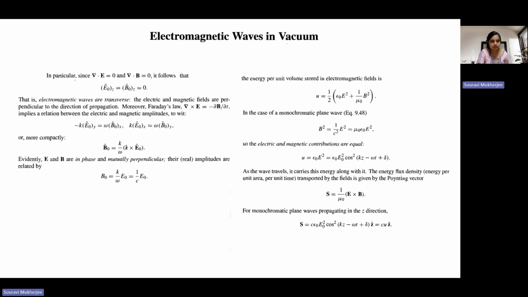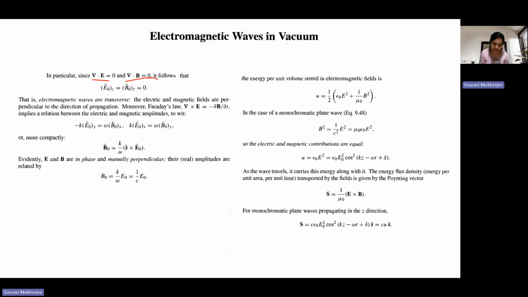So now if we again look back at what this is telling you. Divergence of E goes to 0, divergence of B goes to 0. This is telling us something about the propagation of the wave. If you have a wave propagating, there are electric and magnetic fields changing with time.